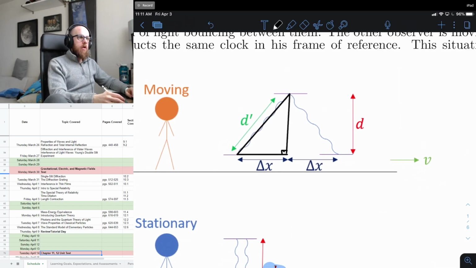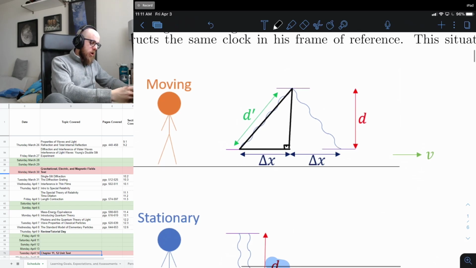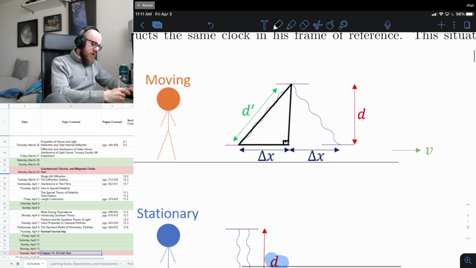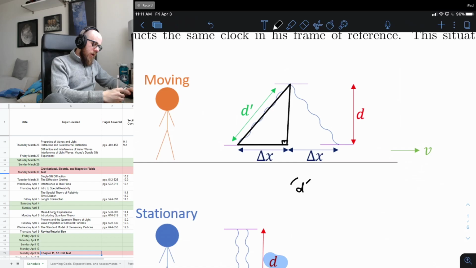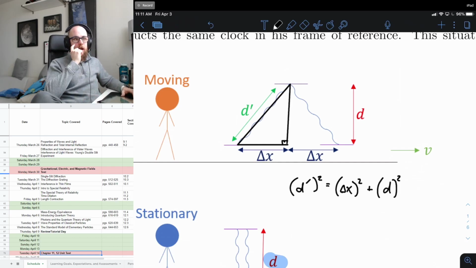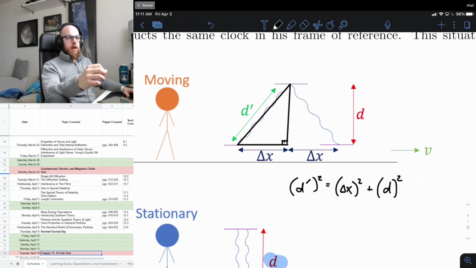What we can do is write an expression for this diagonal distance. I called it d prime there. For this d prime, I can use the Pythagorean theorem. d prime squared is equal to delta x squared plus d squared. That's my starting point for this.